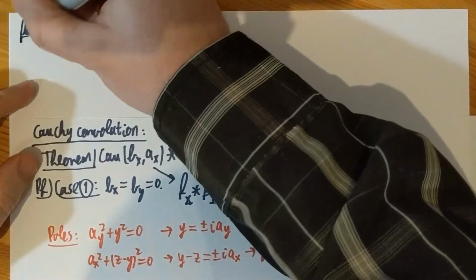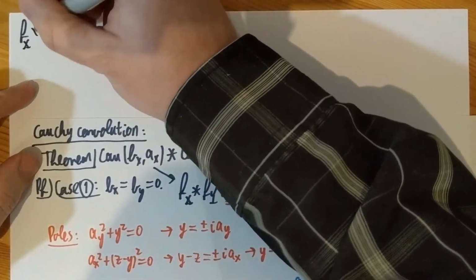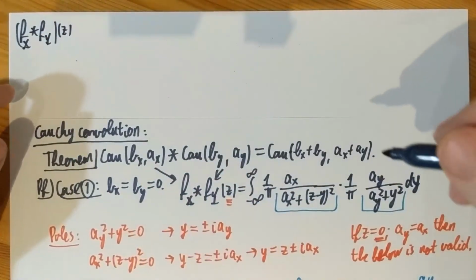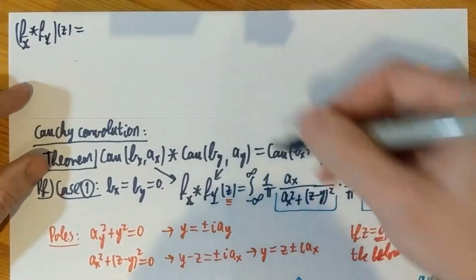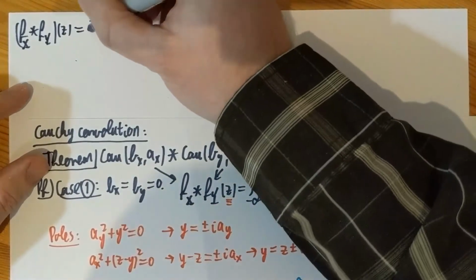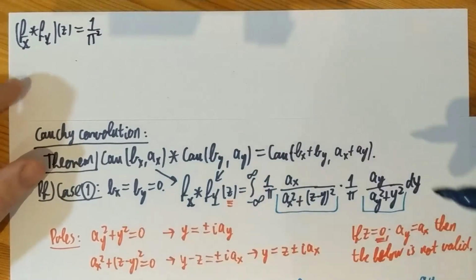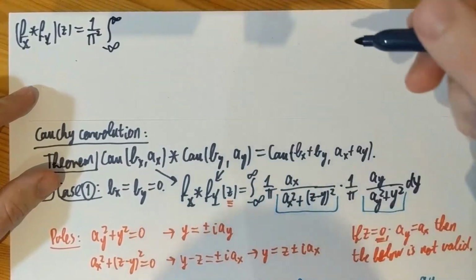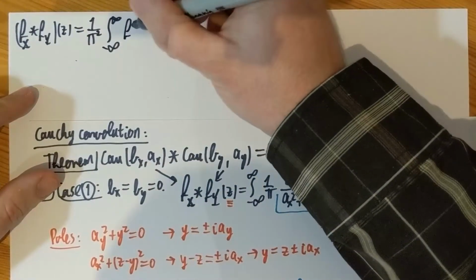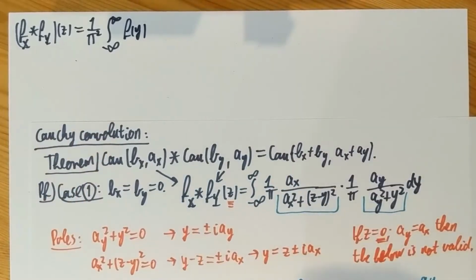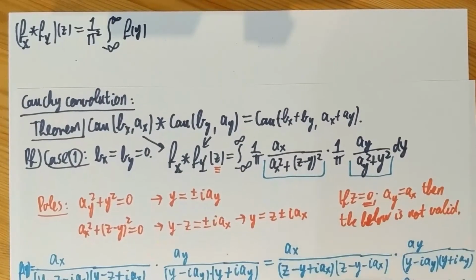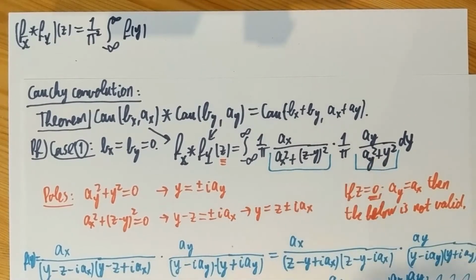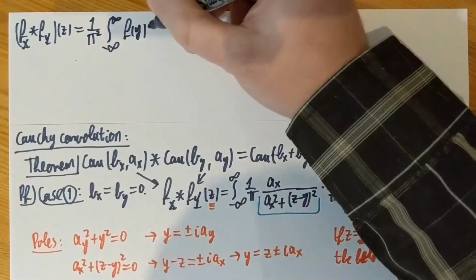So again, the convolution at z, where z is now a real number, is going to be a 1 over pi squared that's coming in front, and then an integral from minus infinity to infinity of f_y. This is what we called, it's probably not a very good idea to call it f, but anyway, so this is what we called f, right? f_y dy.